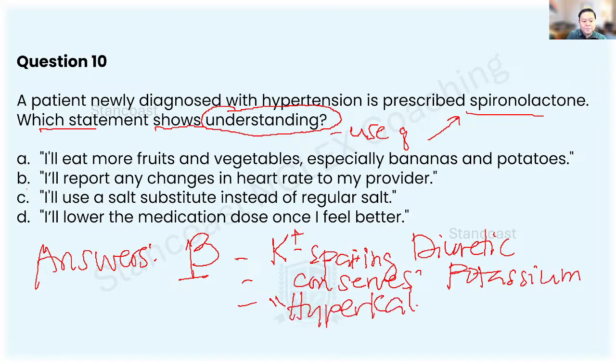Hyperkalemia, right? When the patient's level goes up, this can now affect the heart rate of your patient. So they're going to feel like, hey, I feel like my radial pulse is getting slower this time, or I feel like I'm about to pass out. So you make sure that they are going to report these changes once they are taking the spironolactone.